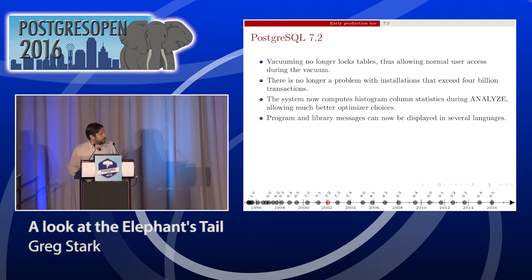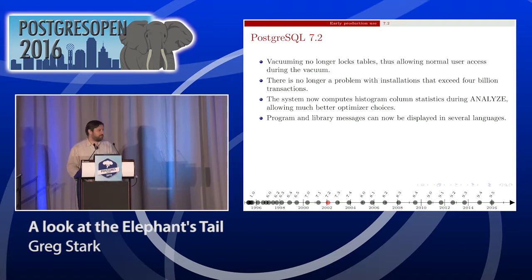But at this point, you can really see a change in development priority, now that people are using Postgres. People continue adding major features like histograms for queries and so on, but you also see lots of changes that are about scalability and reliability and 24/7 operation. Prior to 7.2, you were expected to run vacuum once a week in a cron job, and while it was running, your tables would be locked.